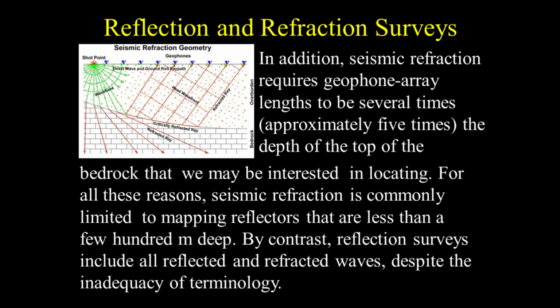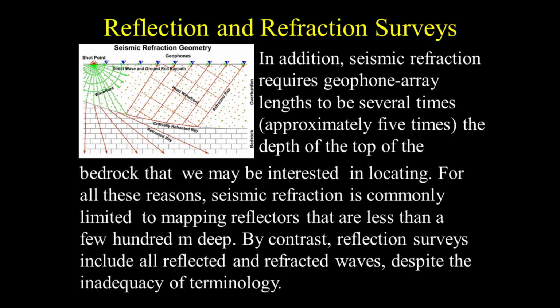In addition, seismic refraction requires geophone array lengths to be several times, or approximately 5 times, the depth of the top of the bedrock that we may be interested in locating. For all these reasons, seismic refraction is commonly limited to mapping reflectors that are less than a few hundred meters deep.